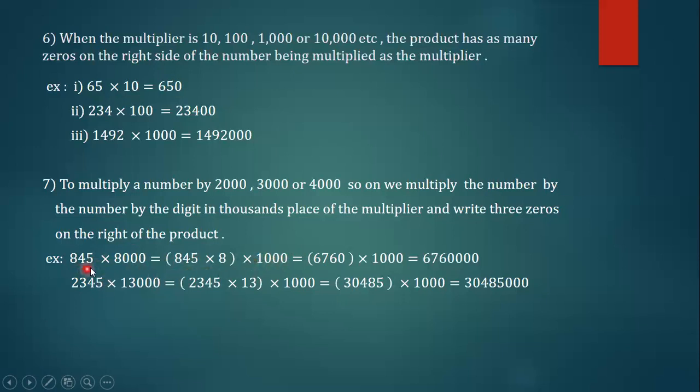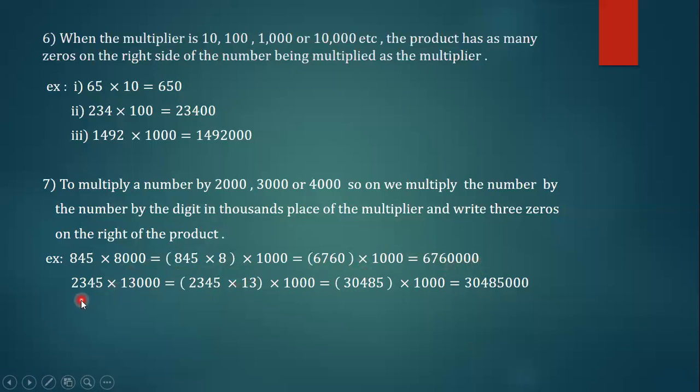So 845 into 8 into 1000. Just multiply 845 into 8, then keep 3 zeros in front. 845 into 8 is 6760, into 1000, so write 3 zeros.